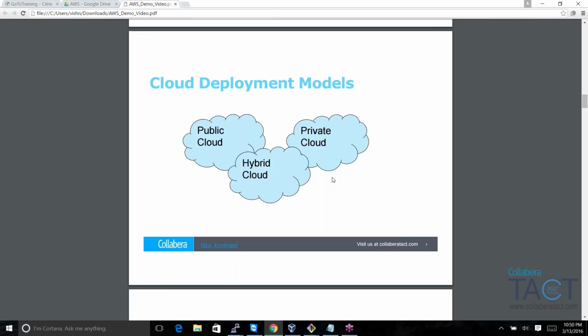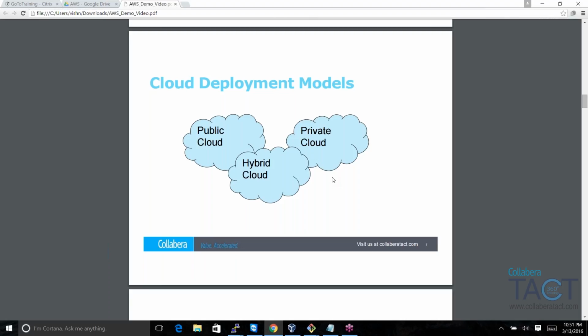AWS has many services. Just for your knowledge, at this moment, EC2, which is called Elastic Compute Cloud and which we are going to talk about in the class, is an example of infrastructure as a service. And then something like Elastic Beanstalk is a platform as a service.